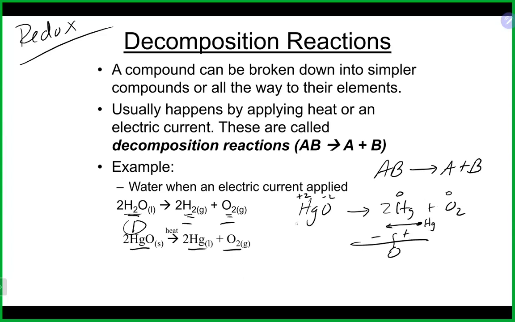The mercury here is getting reduced. It is the oxygen here that is getting oxidized in this case. It is going from -2, which would be over here, to 0. So that is the oxygen on that side that is actually getting oxidized in this case. So once again, there's a transfer of electrons from the oxygen to the mercury in this case. And again, that ultimately is what is happening in this reaction.